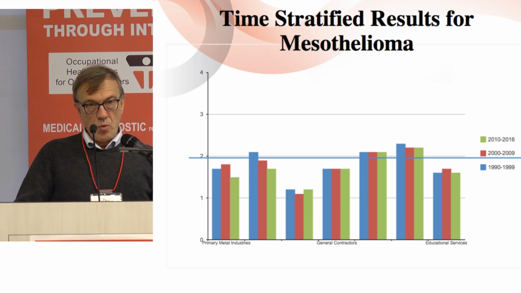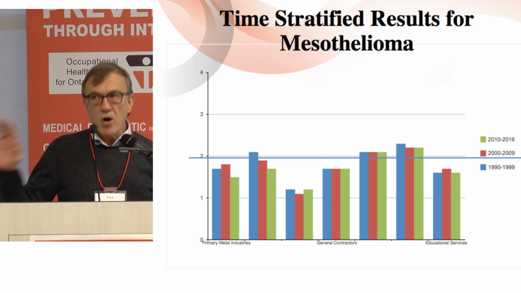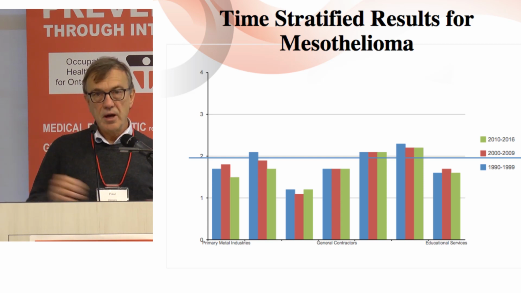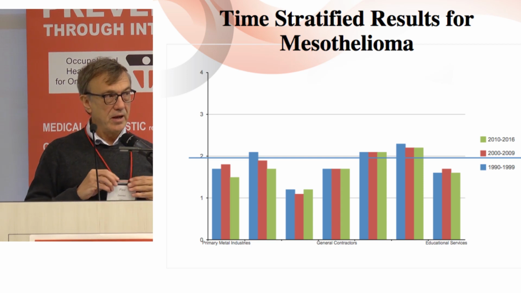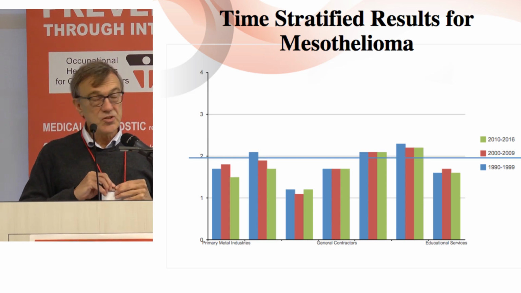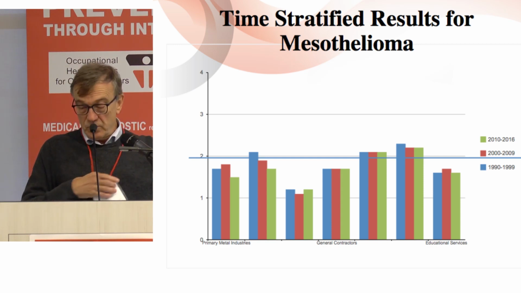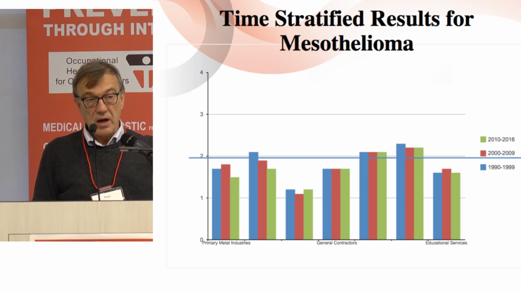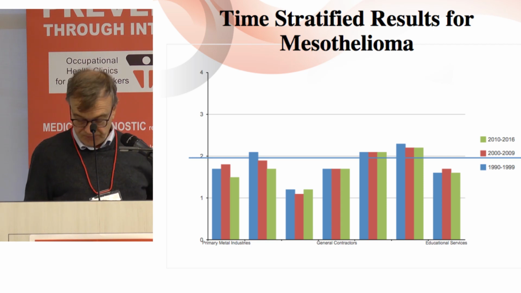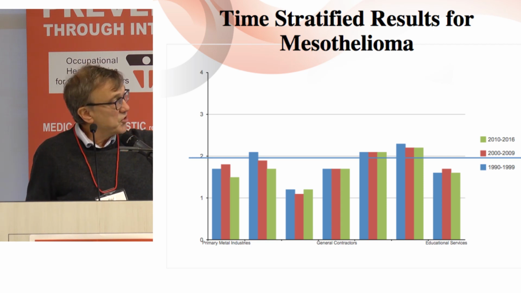Now, these are what we call long latency diseases. They take a long time to occur, but we don't really see a pattern that these high-risk groups are showing any evidence of becoming lower risk over time, at least in our data, with some exceptions.